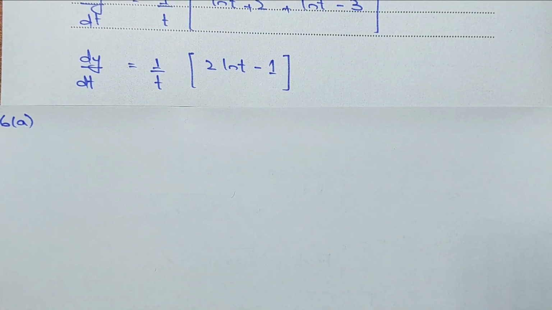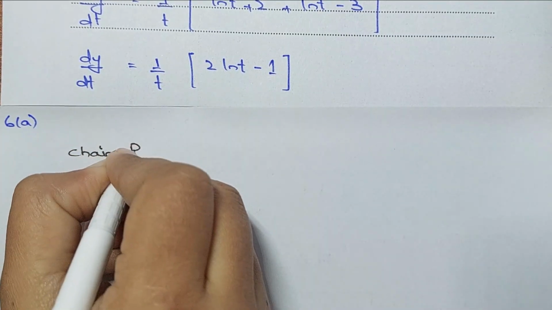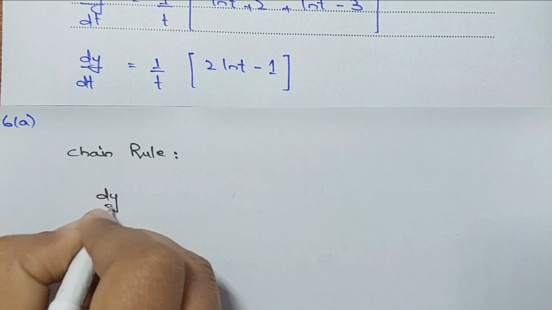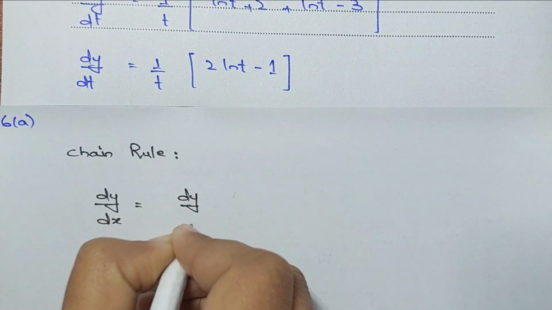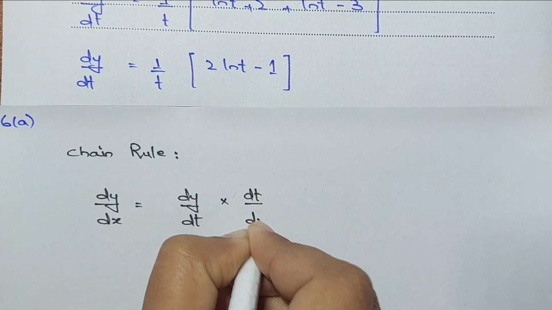Now we have to apply the chain rule. By the chain rule, dy over dx is dy over dt times dt over dx.